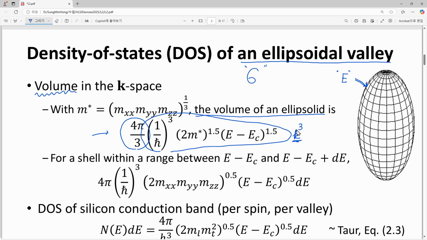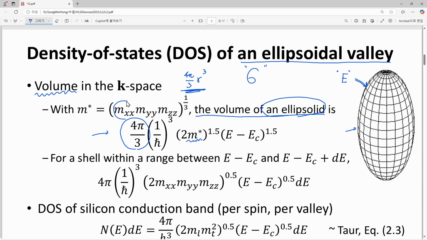Maybe you can ask me this question: this one is really an ellipsoid, not a sphere, so how can we apply a formula like this for our ellipsoidal valley? But you know that here we have an effective mass, which is not directly the directional mass.